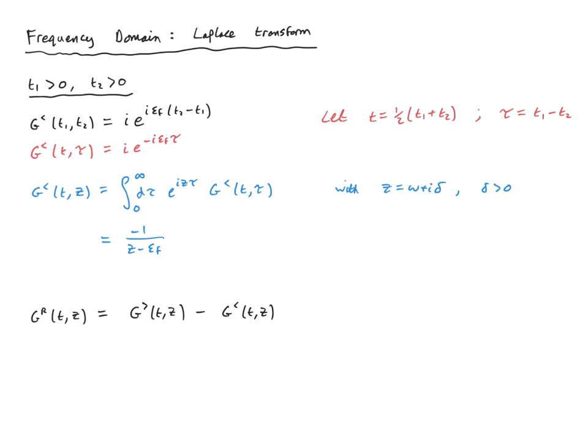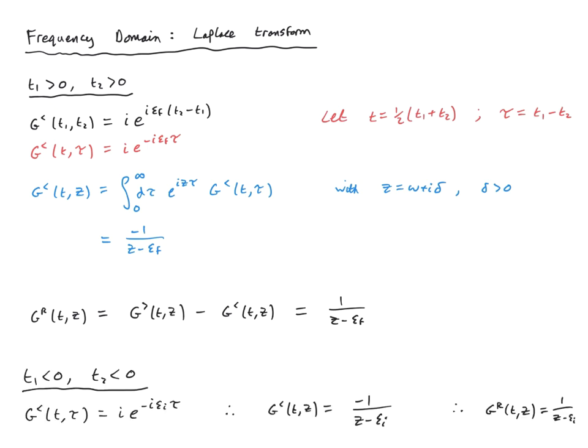It's just that now we carry this additional time label t. We also argued that at 0 temperature, this g greater function was equal to 0. And therefore, overall, we have that the retarded Green's function is simply 1 over z minus epsilon_f. Again, this confirms our original assumption that if both t1 and t2 are positive, then we should obtain the equilibrium Green's function for the final Hamiltonian, which we know already is 1 over z minus epsilon_f.